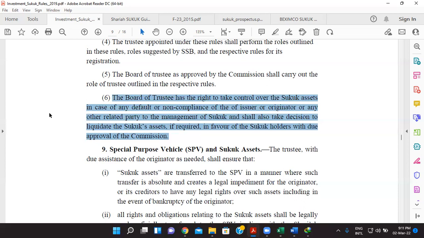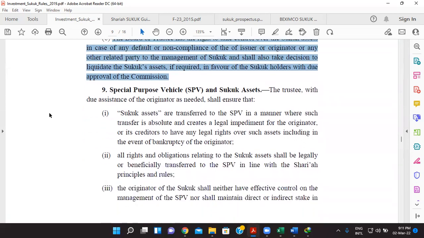You see, this is one of the primary tasks of the SPV or the Board of Trustee. So they should have a strong position. They should have a superior authority over the originator. Okay.